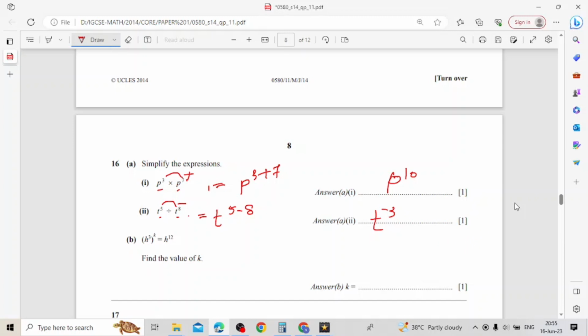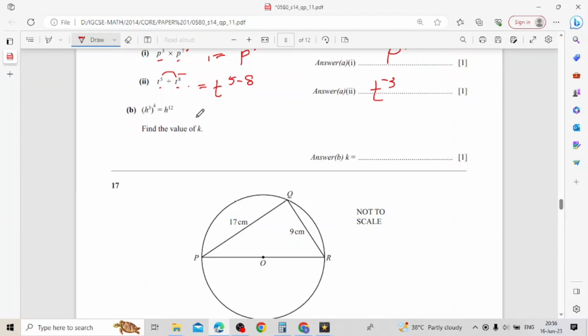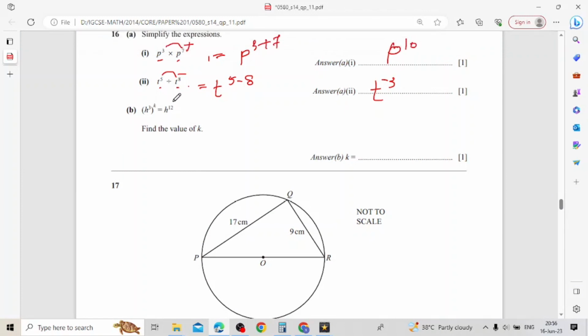Now let's see B over here. This is a bit longer. 2 steps or 3 steps we can have. So H raised to 3 raised to K. Okay, so the question is H raised to 3 raised to K. When you have a bracket raised to an exponent, the inner exponent and outer exponent are multiplied.